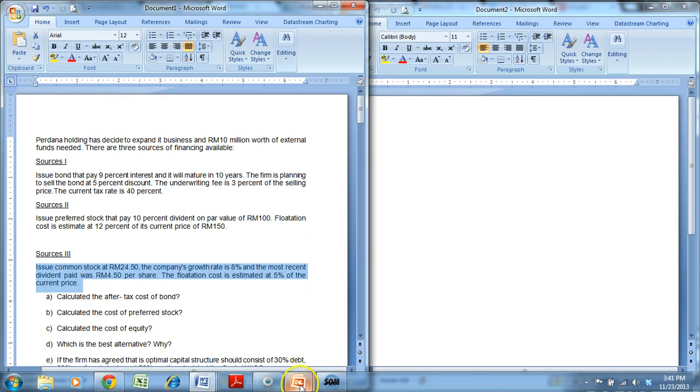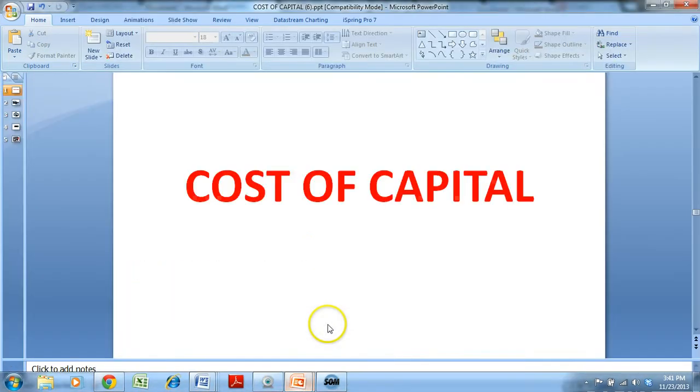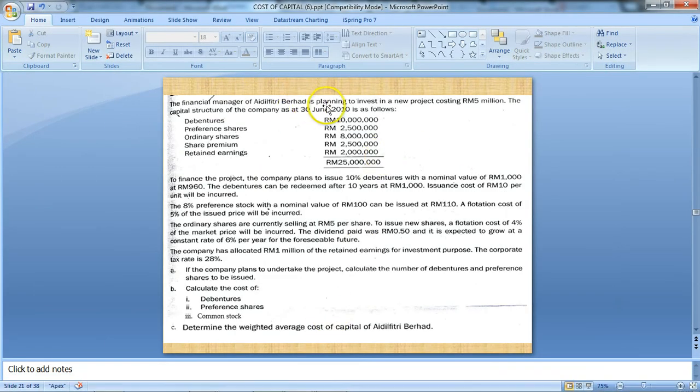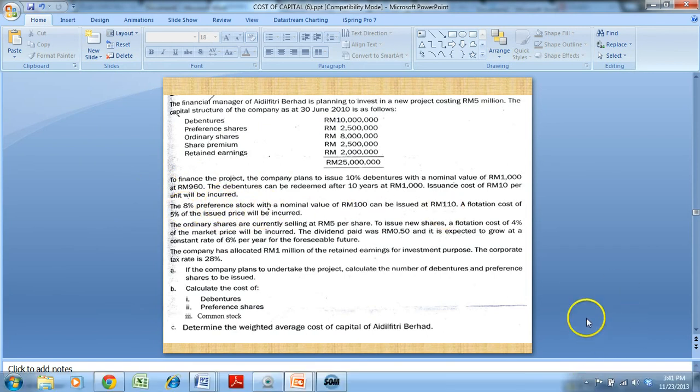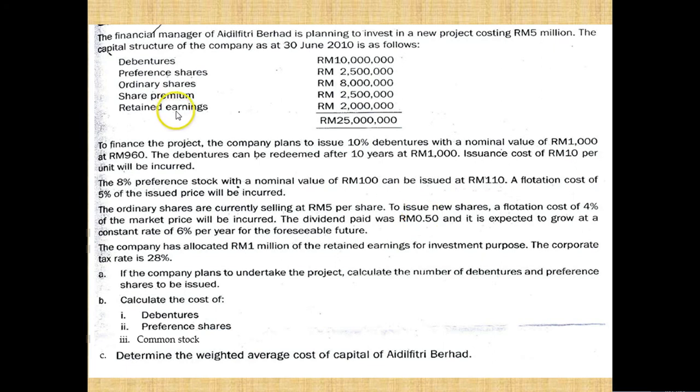Okay, I want to show you another sample of question. So this is another question as well. The firm's management is planning to invest in a project costing 5 million. So this is the capital structure. I repeat, this is the capital structure. The first information is about debentures, and the second information is about preferred stock.